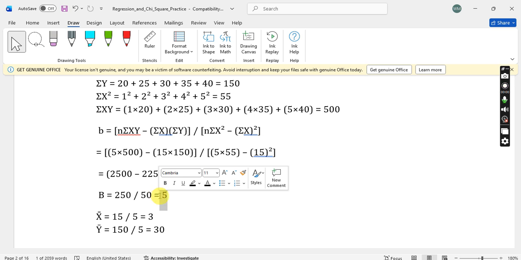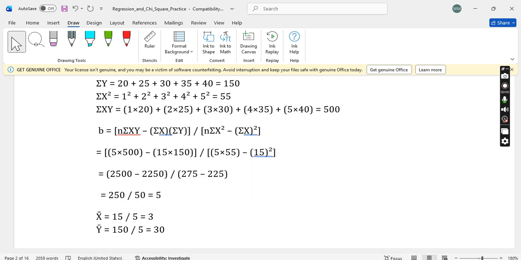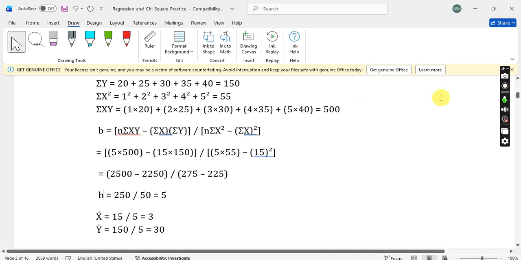Any questions? That is our B, which is our slope, which is telling us when x increases by 1 unit, y will increase by 5 units. So as each week increases, from week 1 to week 2, it increases by 5 units.